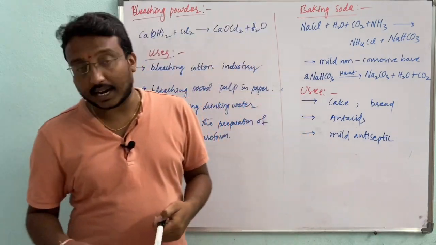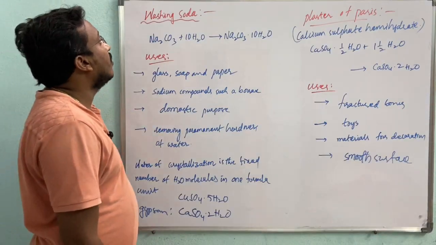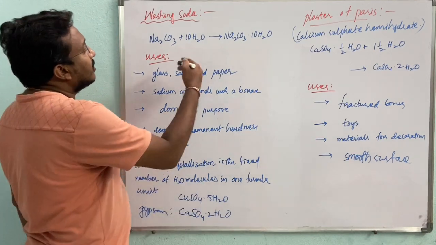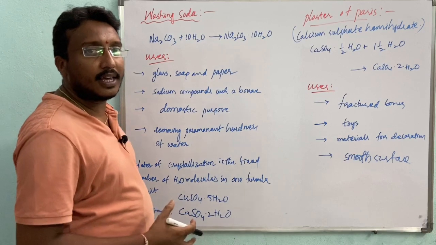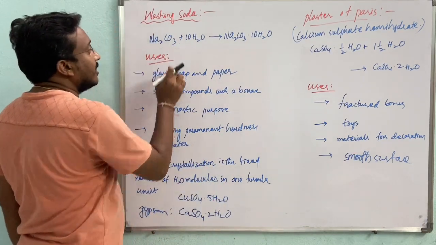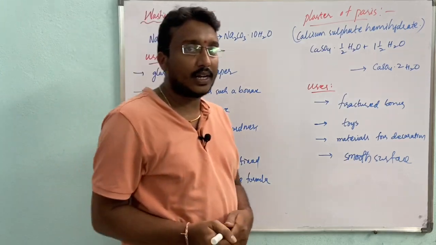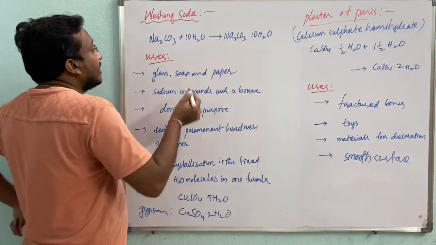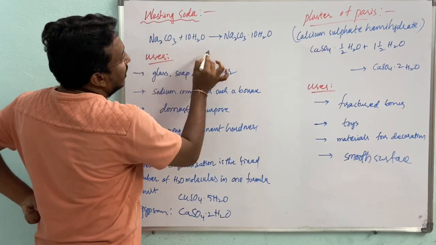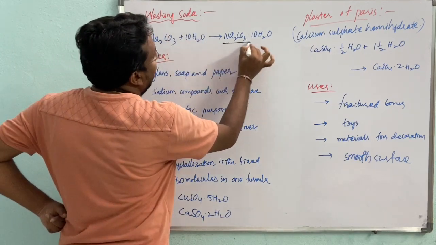Okay, right. Next, now washing soda. In the last discussion, when baking soda is heated, one of the products we get is sodium carbonate. Then recrystallization of sodium bicarbonate gives the washing soda.